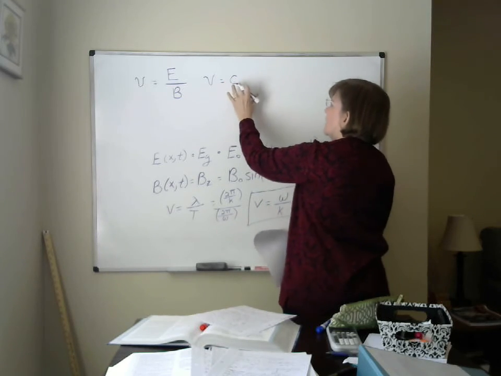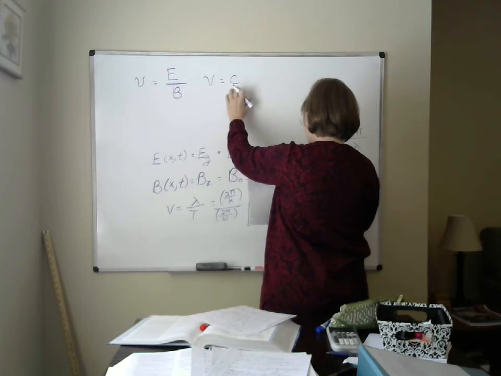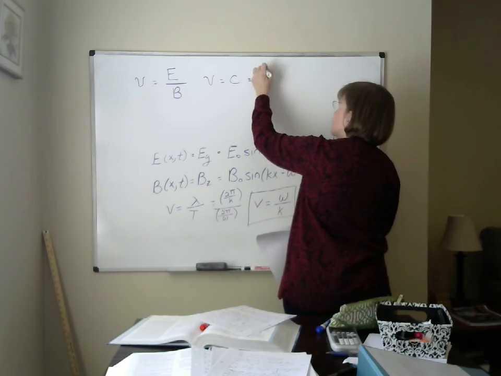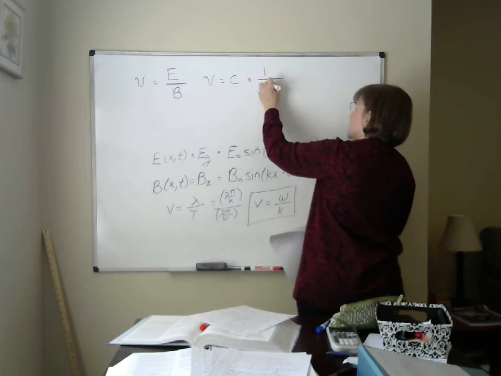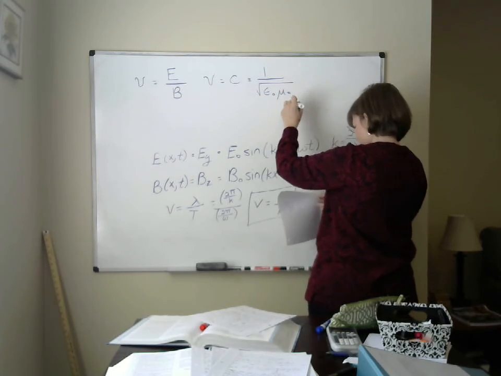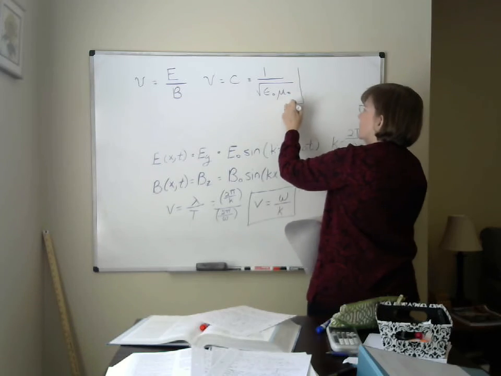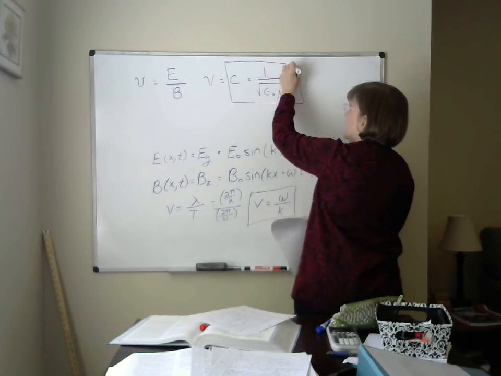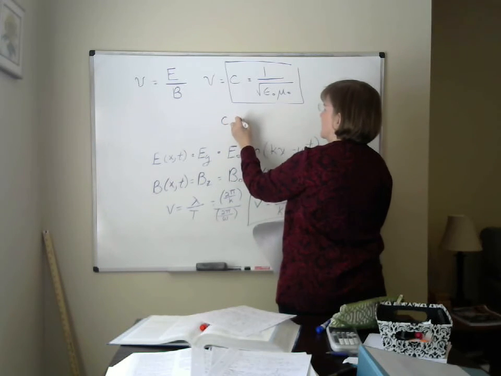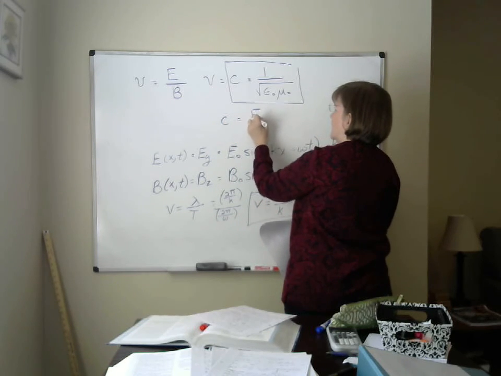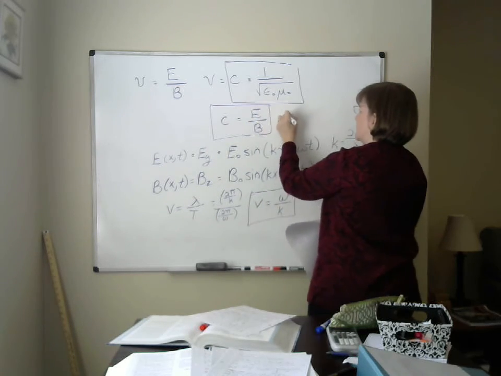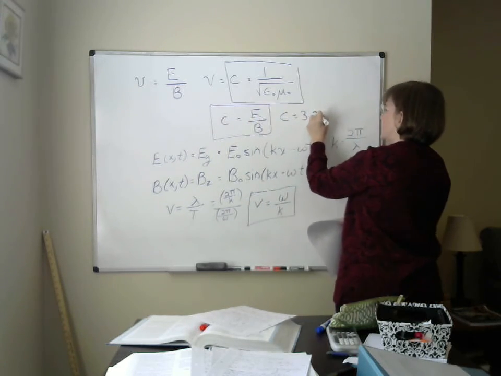In free space, the speed of an electromagnetic wave, c, is equal to 1 over the square root of epsilon naught mu naught. And this relationship, then, c is equal to E over B, and c has been measured to be a known value.